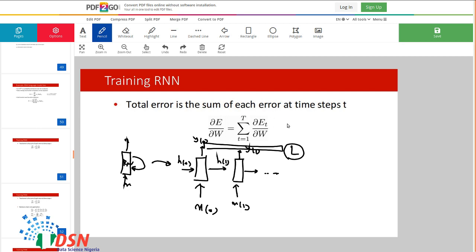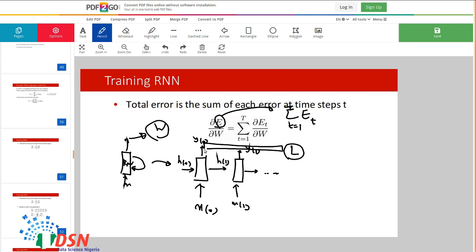So in backpropagation, when we want to calculate the derivative of the total error with respect to W, the weight matrix, we could write the error as the sum over all time steps of errors.